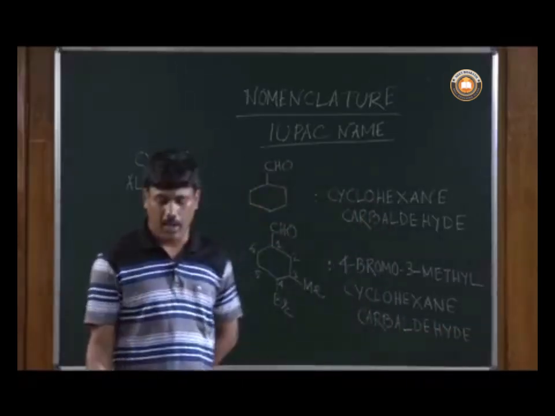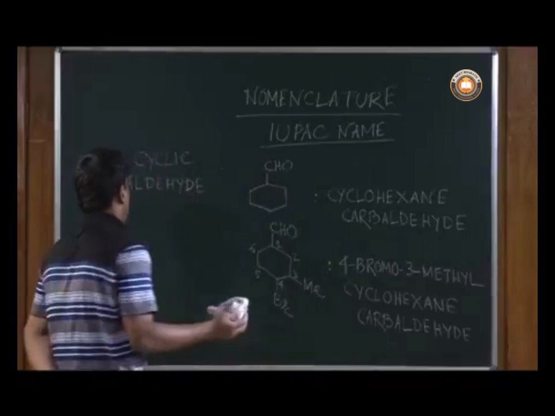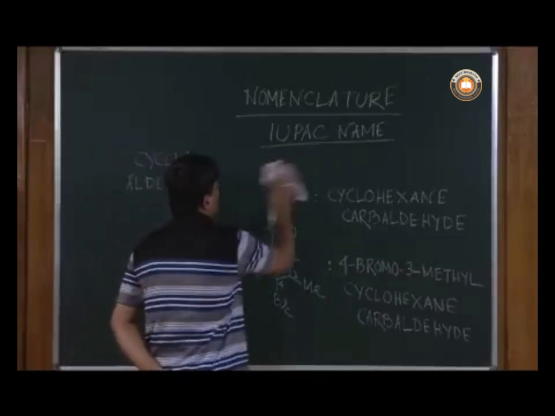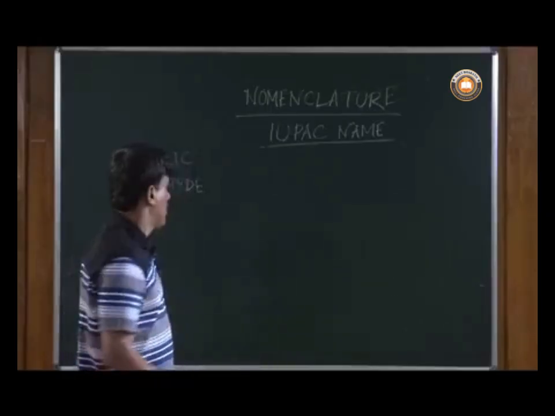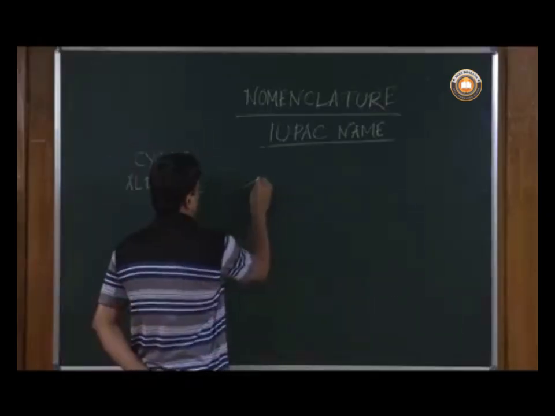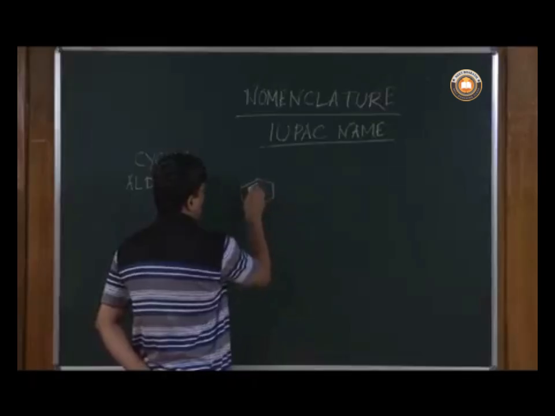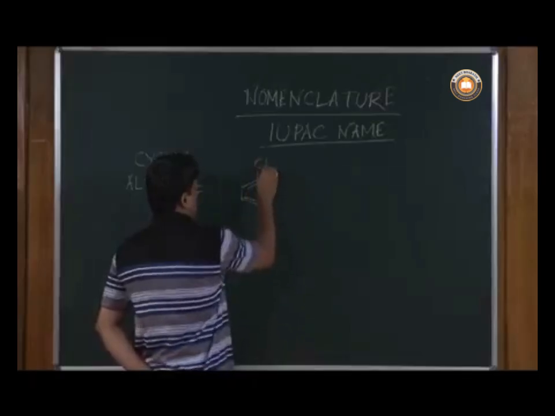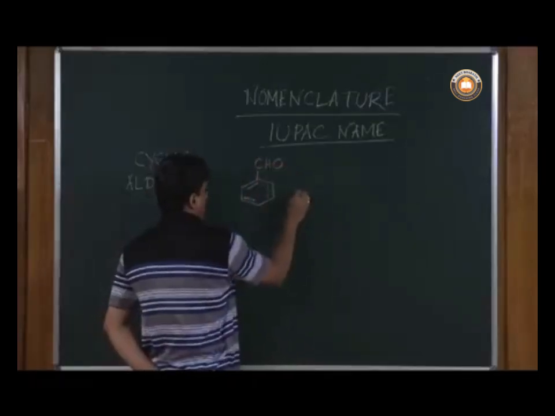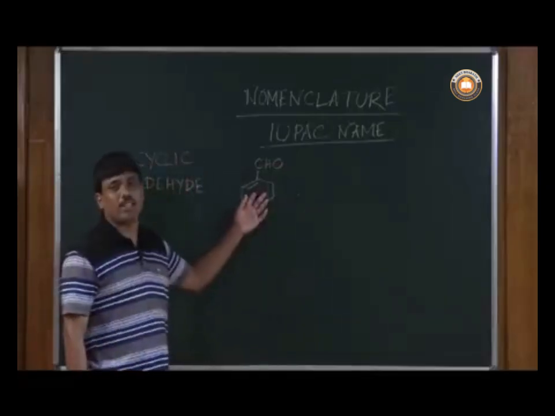Let us discuss some aromatic examples, aromatic cyclic compounds. What is the ring here? This ring is benzene.